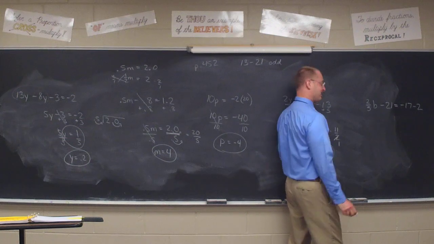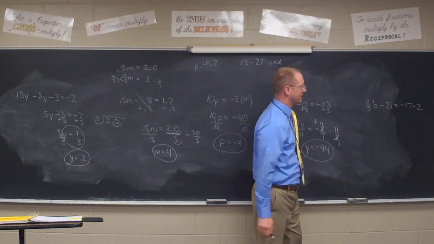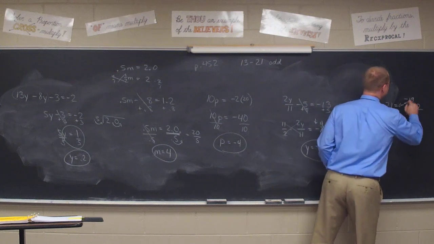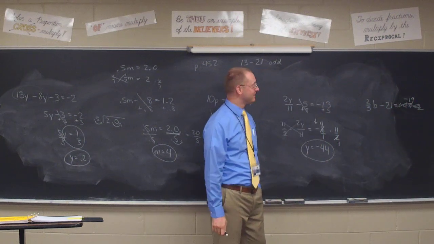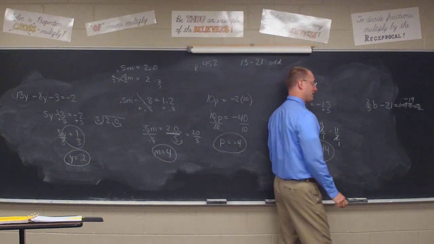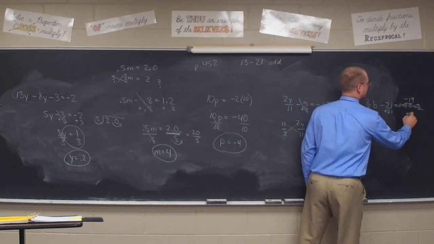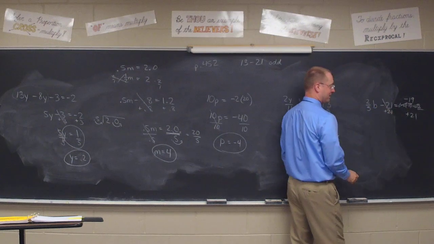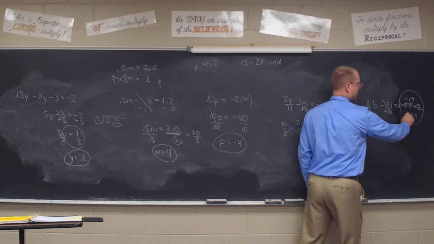We add negative 17 plus negative 2 to get negative 19. Excellent job. Then what? Add positive 21 to both sides. Perfect.